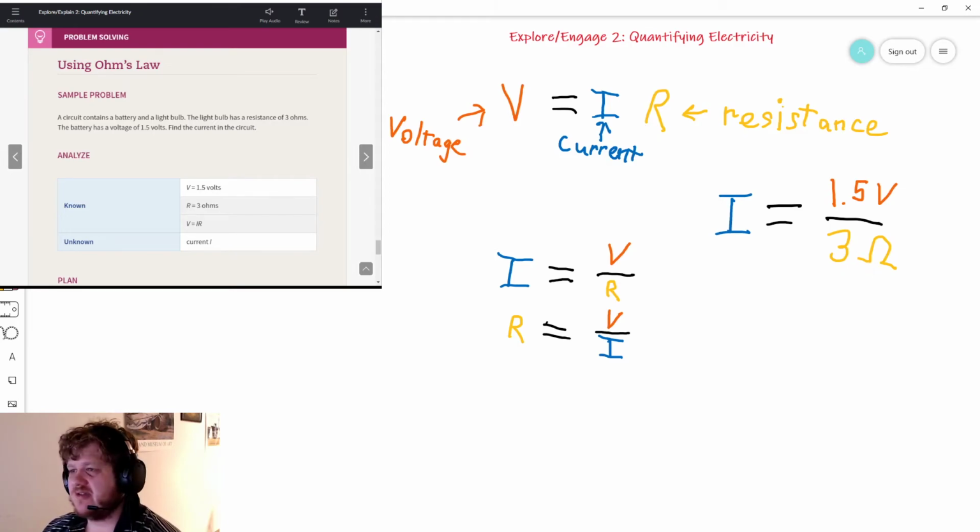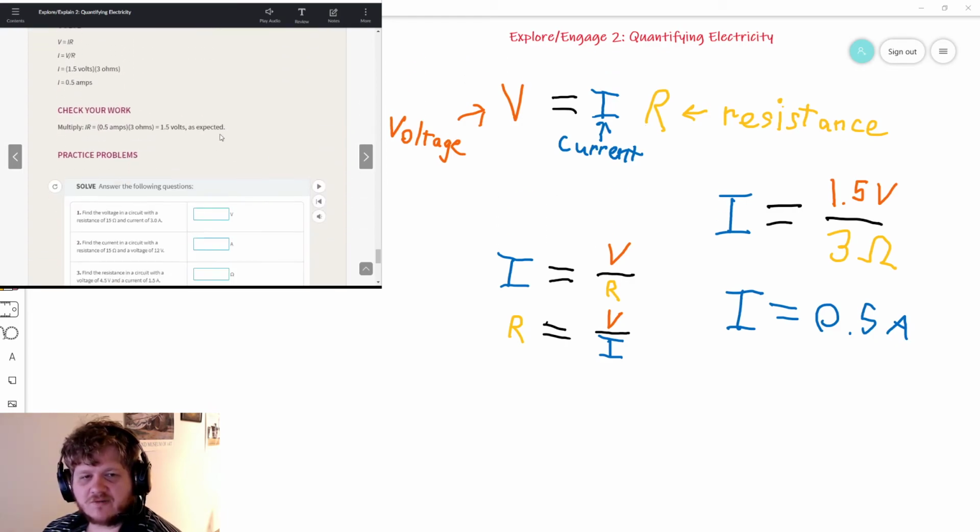When we do the division, you can use a calculator if you want, but it's good mental math because this is half of this, so I equals 0.5 amps, for which we just use the symbol A. We solved that problem by plugging our voltage and our resistance into this equation and solving for our current.